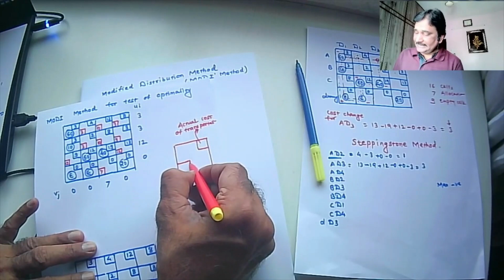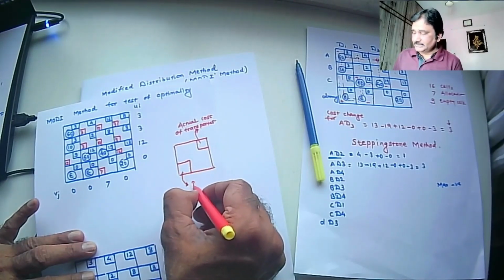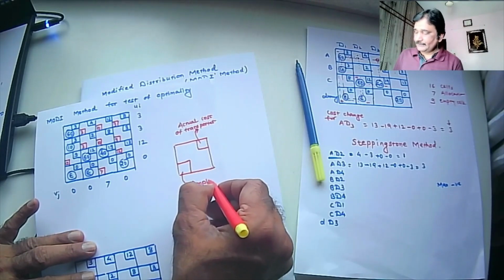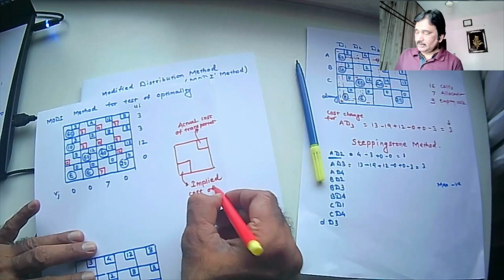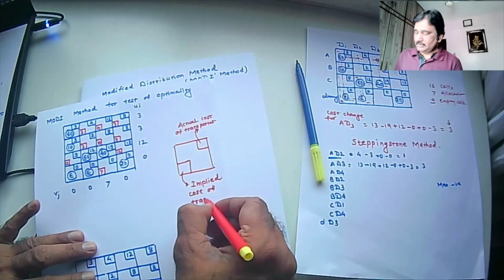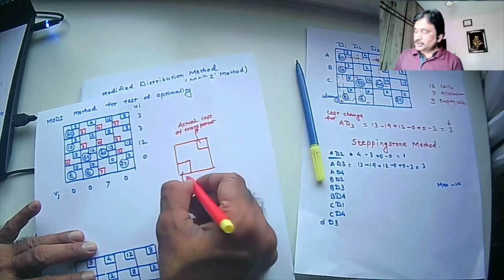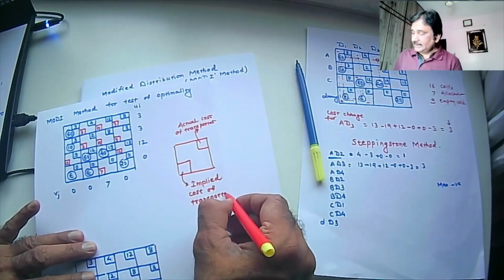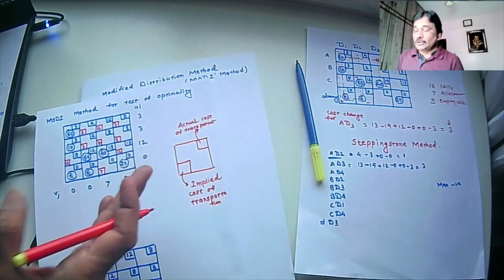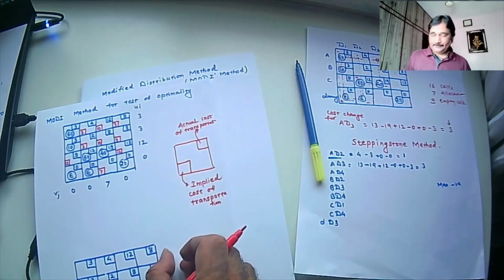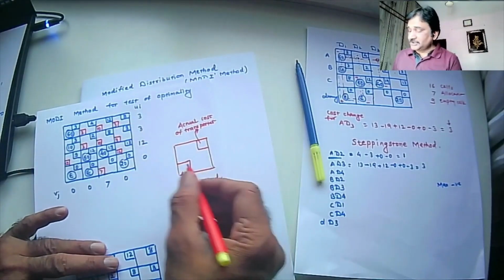And this is the implied cost of transportation. Where this implied cost is coming from, the roots of this lie in the dual of the transportation problem. So this is called an implied cost of transportation.